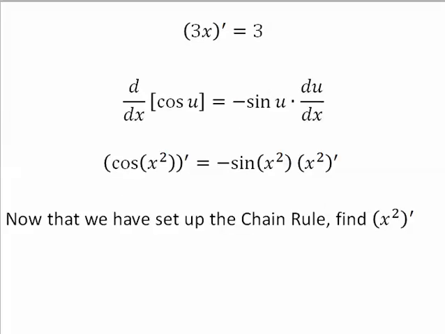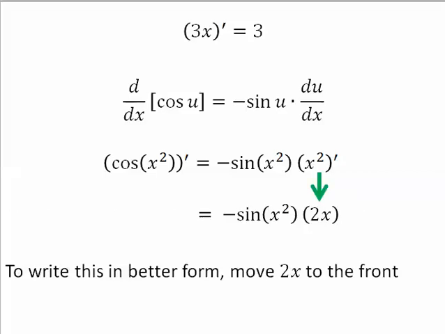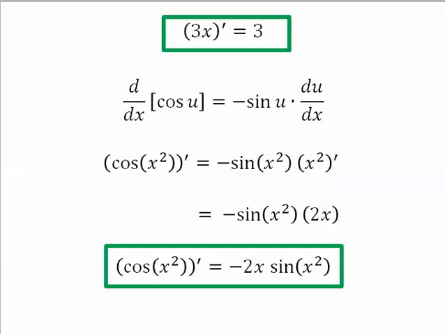So the derivative of cosine of x squared is negative sine of x squared times the derivative of x squared. The derivative of x squared is 2x. And then we just put the 2x in the front to get our final answer on the derivative of cosine of x squared.